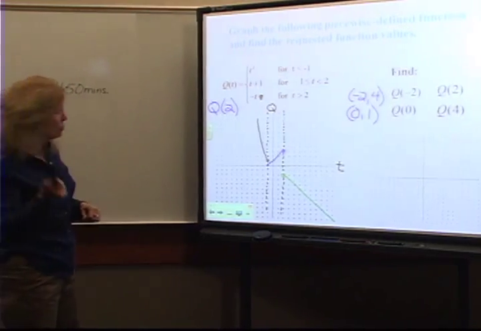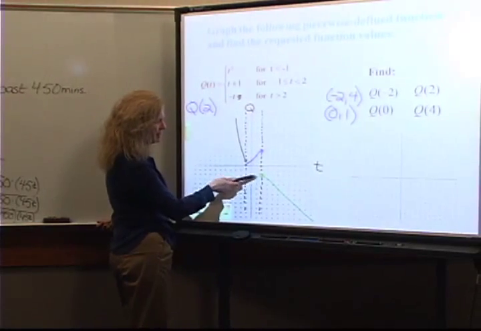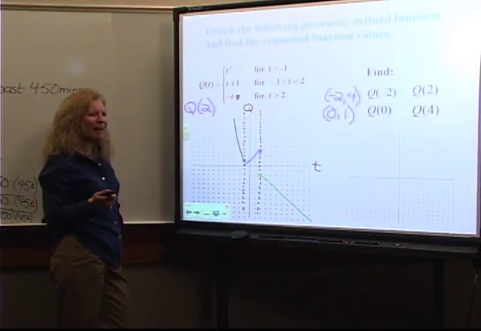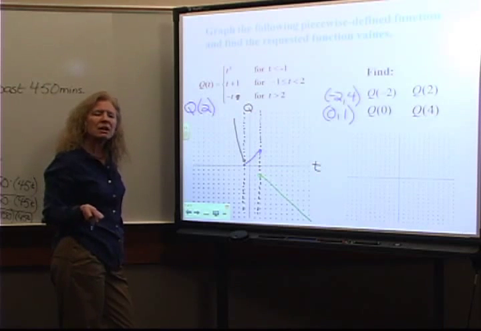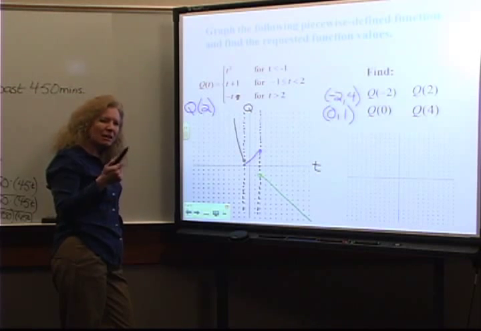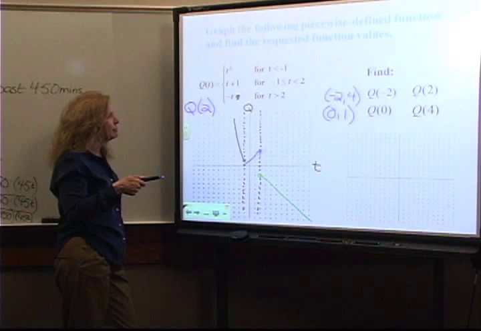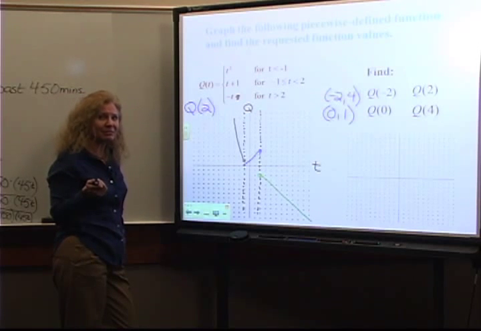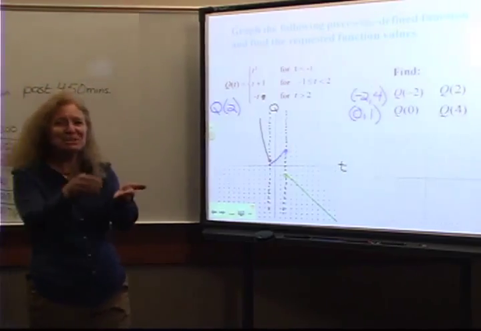Well, if you look at the graph at 2, up here I've got an open circle, down here I have an open circle. Apparently I have nothing for when t is 2. You know what that means? Think back to what we talked about with functions. 2 is not in the domain. 2's kind of like the penny you can't put in the pop machine.